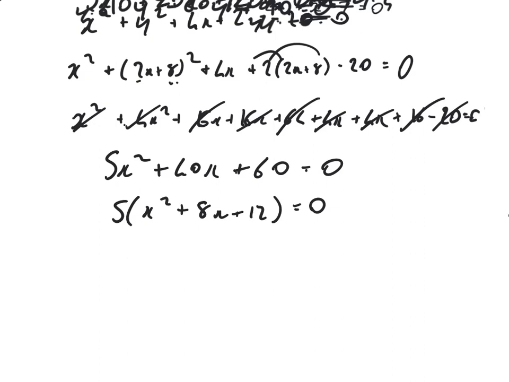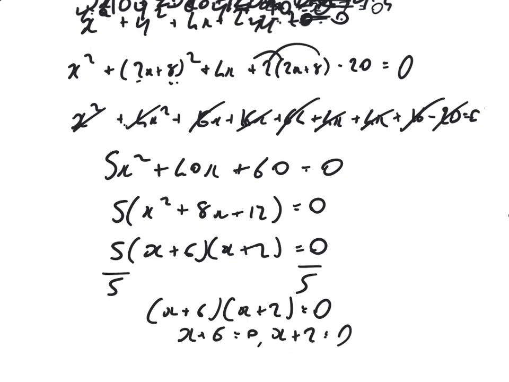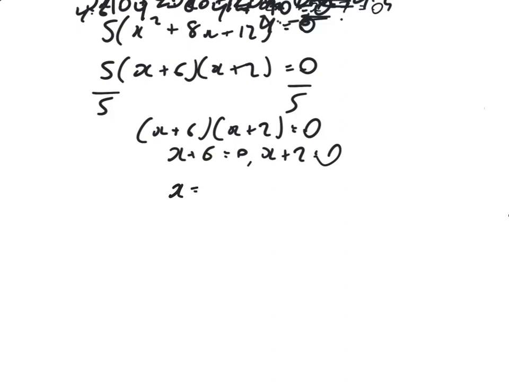I've then got two numbers that multiply to give 12 and add together to give 8: 6 and 2. Then divide both sides by 5, and that will give me (x plus 6)(x plus 2) is equal to 0. X plus 6 equals 0 and x plus 2 equals 0, which is x equals minus 6 and x equals minus 2.